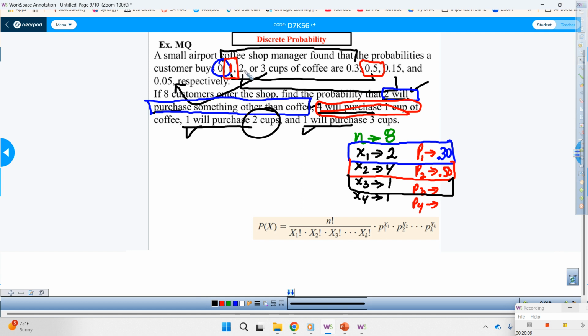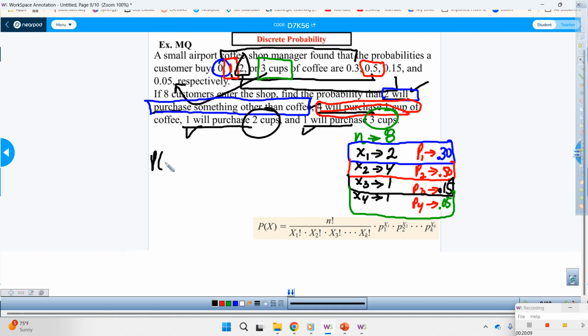So what is the percentage for 2 cups? 0.15. And last but not least, we got 1 will purchase 3 cups. And what is that? Maximus, its percentage. 0.05. That is correct.